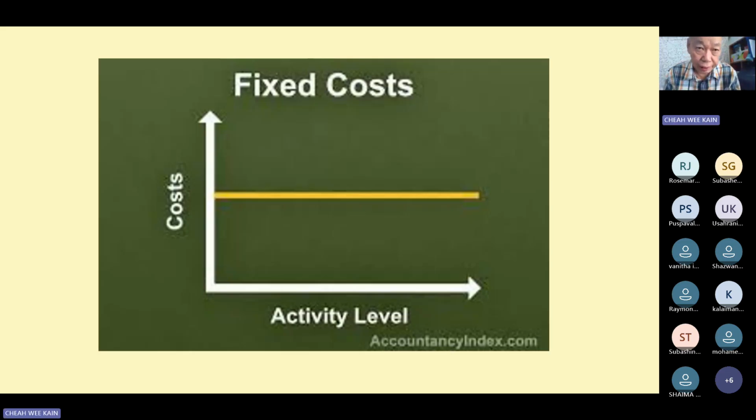Renting is easy. What about salary? Most salary is a monthly payment, a fixed cost. Whether you're 28 days working or 31 days working, same amount. Whether got patient or no patient, the ambulance driver is still the same cost per month.